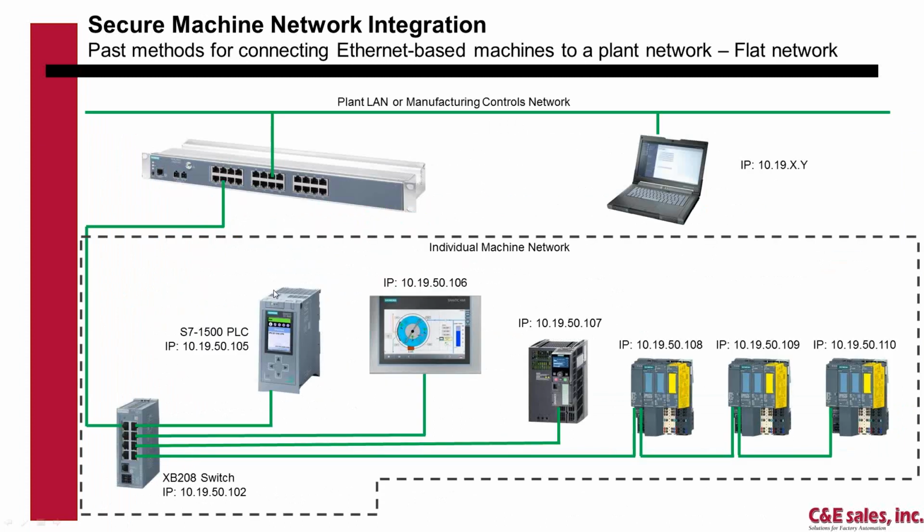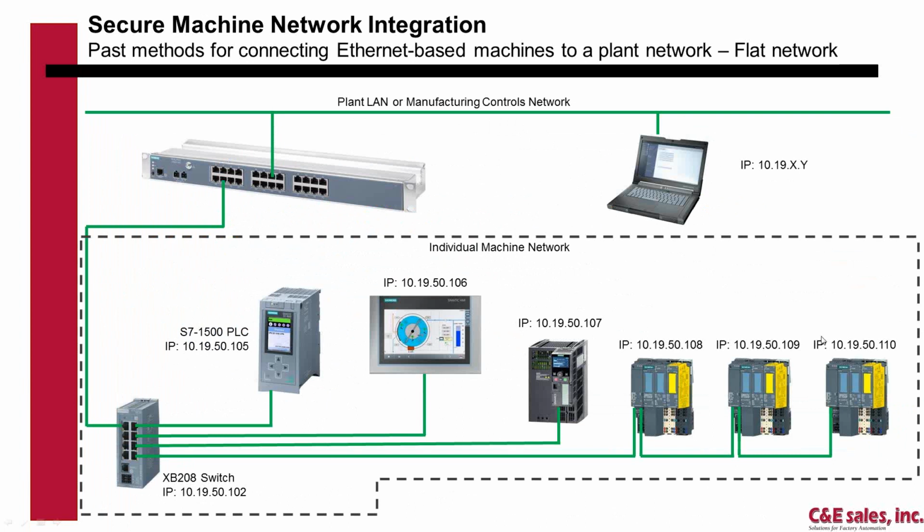So this is what that might look like. Here I have a PLC, an HMI, a drive, 3 nodes of distributed I/O, and then I have a switch that is managed or unmanaged, could be either, connected up to a plant switch. Then here's my PC sitting somewhere on the network, and I'm accessing all of these machines.